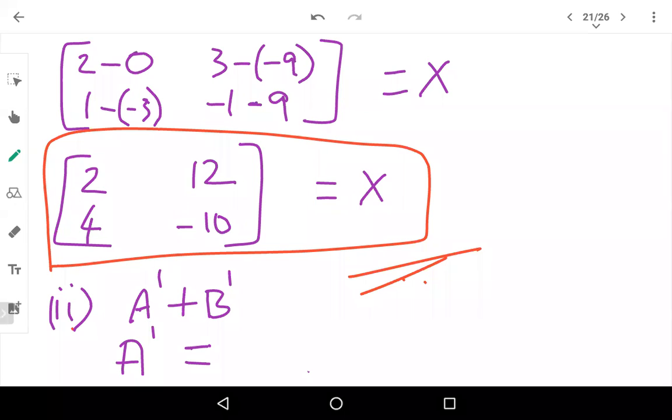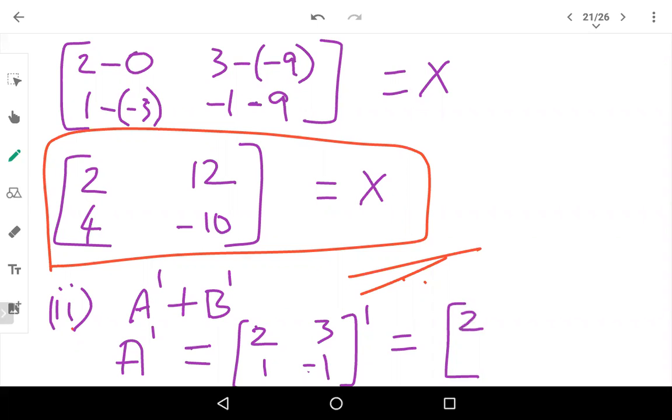A transpose is nothing but, what is the matrix A? 2, 3, 1, minus 1 transpose. You can either write it as a small dash above here, or you can write it as T also. Both are the same. Now let us change the values. The first column will become the first row.